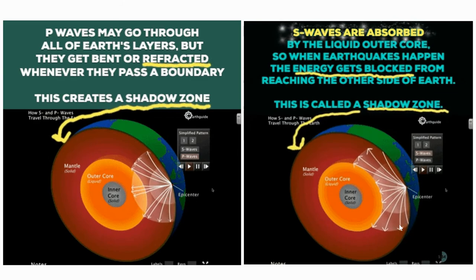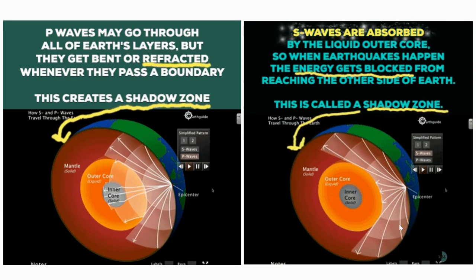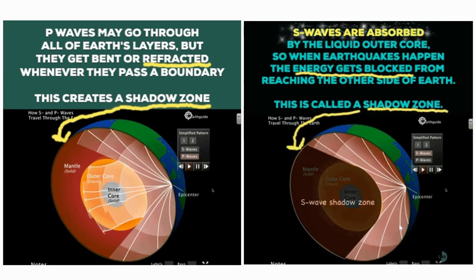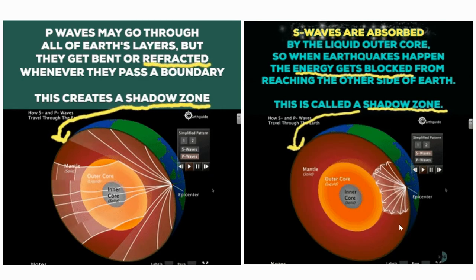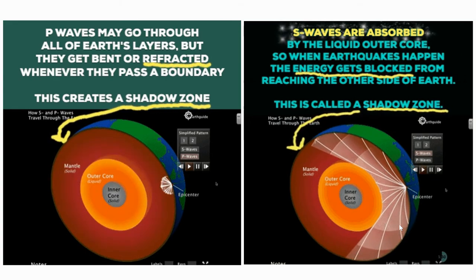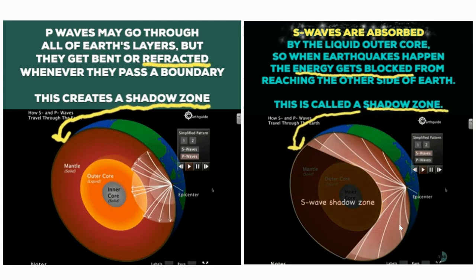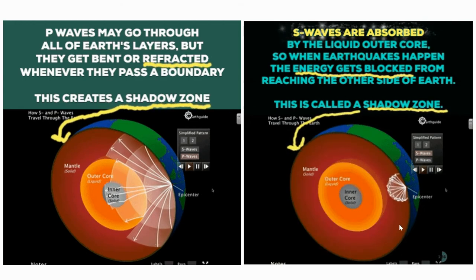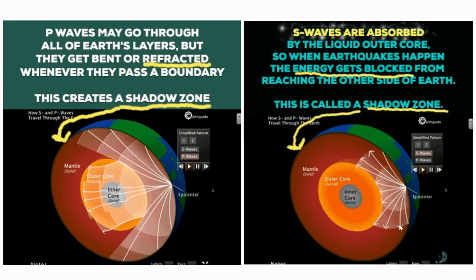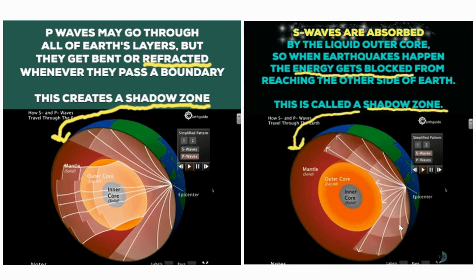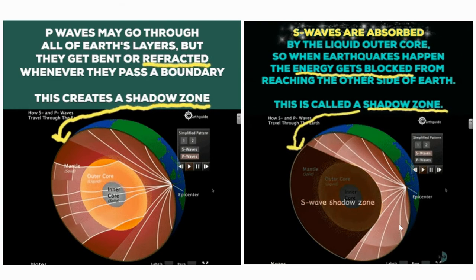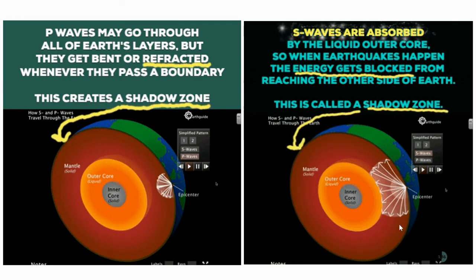Now, these are some animated GIFs that show the different shadow zones. The one on the left is the P waves. Remember, P waves are faster. P waves are able to go through solids, liquids, and gases. So let's look at the one on the left, okay? We have an earthquake, and as the earthquake emanates its waves, it goes through the different layers. And as it changes layer, it changes the direction that it goes, right?